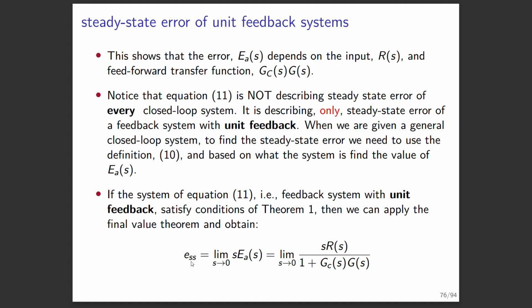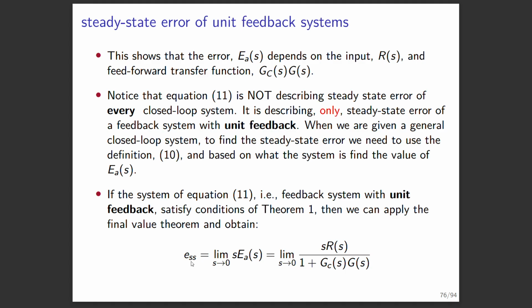Remember, we want the steady-state error to be 0. We mentioned that for open loop systems that is not possible. It seems that we always are going to have some steady-state error, but for closed loop systems we seem to have some ways to make steady-state error 0.